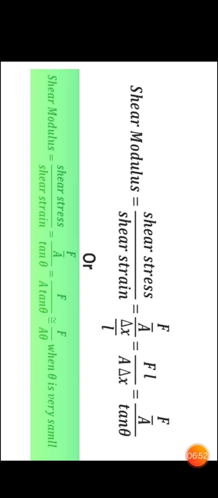Now we know the value of tan theta: delta x upon L. Here it is in reciprocal form, so tan theta is in the denominator. In terms of theta, shear modulus is equal to shear stress upon shear strain. Using the formula of shear stress, F upon A, deforming force upon the area, and shear strain, which is delta x upon small l, that is tan theta, it is equal to F upon A tan theta.